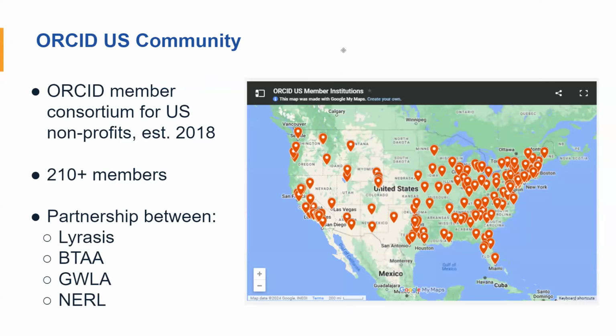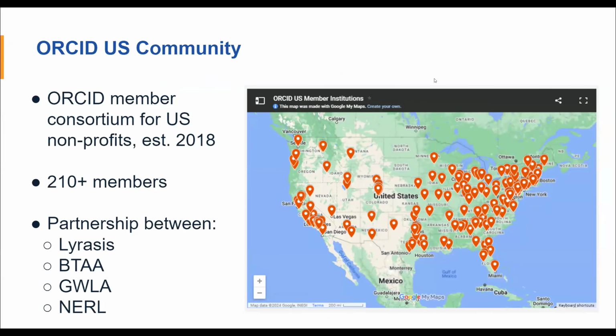ORCID has a membership structure where organizations can either be direct members of ORCID or join through a consortium. In the US, our ORCID consortium for nonprofit organizations is called the ORCID US Community, and it was formed in 2018 as a partnership between the Big Ten Academic Alliance, the Greater Western Library Alliance, the Northeast Research Libraries, and Lyrasis.